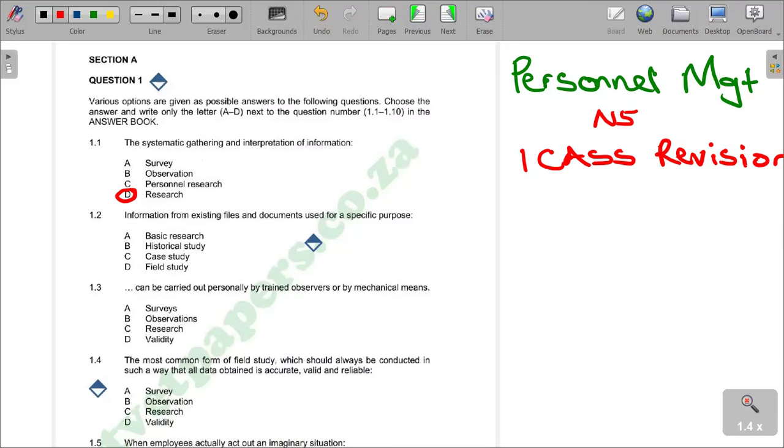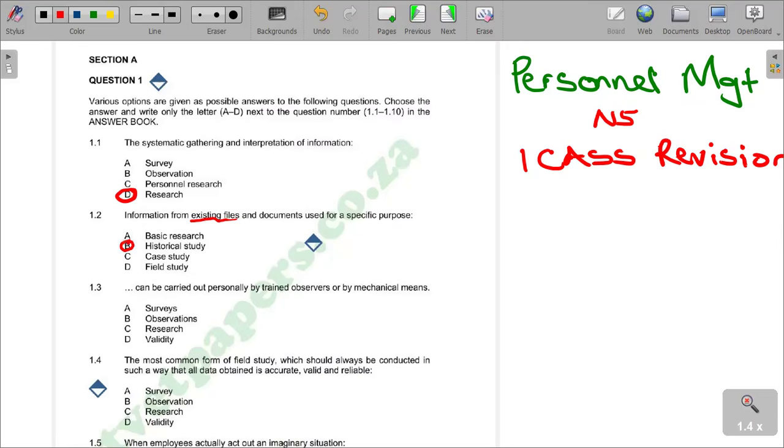Information from existing files and documents used for specific purposes. Information that is from existing files that the management can use to solve maybe a problem. We call it historical study. Information that is already available, readily available.